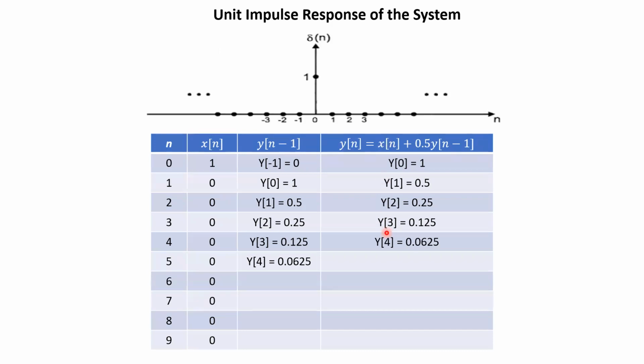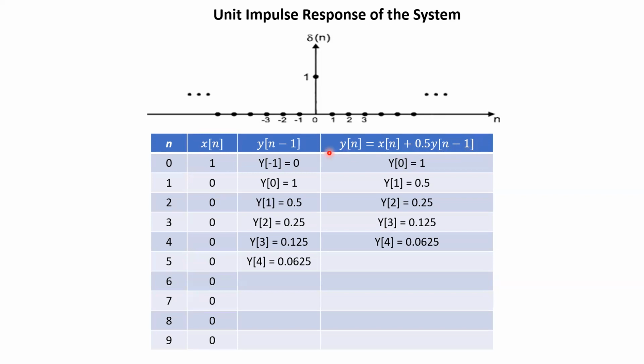I took the difference equation, y[n] minus 0.5 y[n minus 1], and shifted that part to the right hand side. The expression becomes y[n] equals x[n] plus 0.5 y[n minus 1].